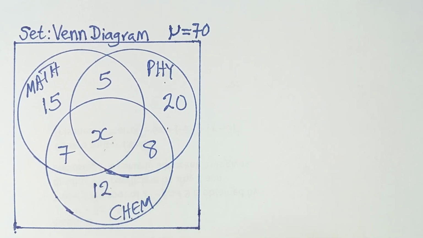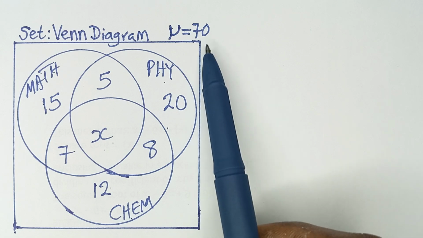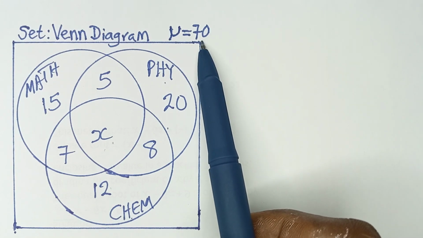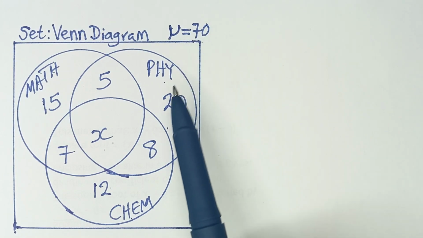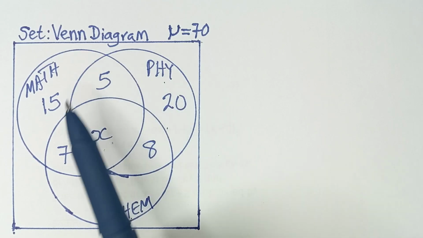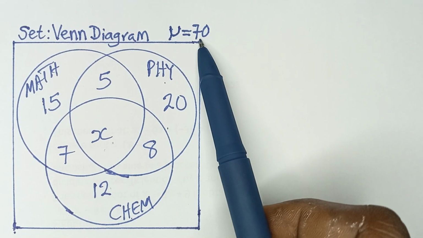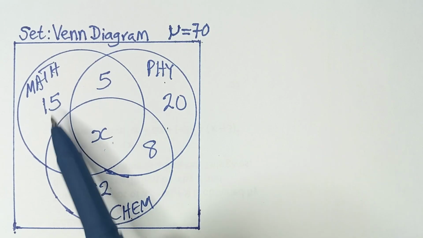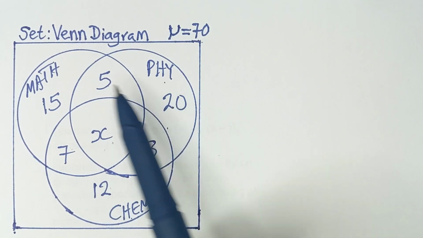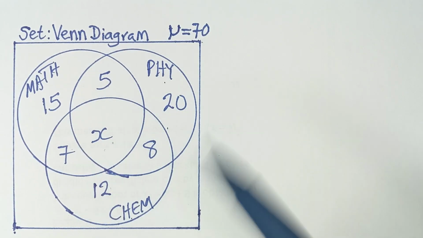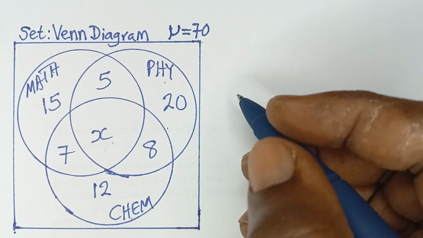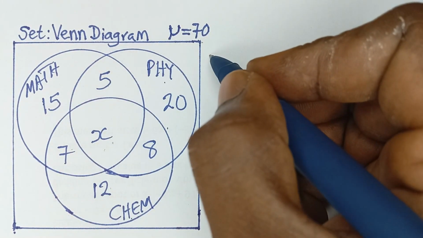To find the value of x, we look at the universal set here, 70. That shows us that the total number of students involved in this survey is 70. So we are going to add all the values we can see in these three circles. Let me write them here. The first one is 15.